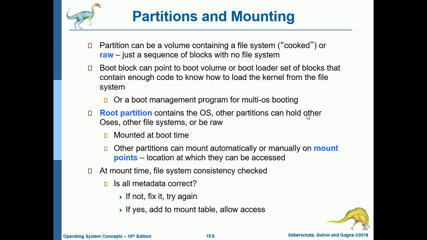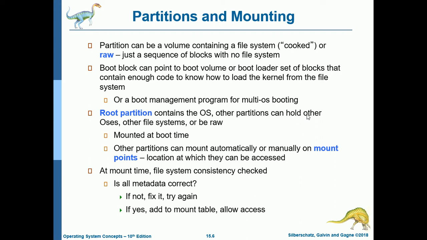The boot block can point to a boot volume or bootloader, a set of blocks that contain enough code to know how to load the kernel from the file system, or a boot management program for multi-OS booting. An example of a boot management program for multi-OS booting is GRUB, which is found in Linux.